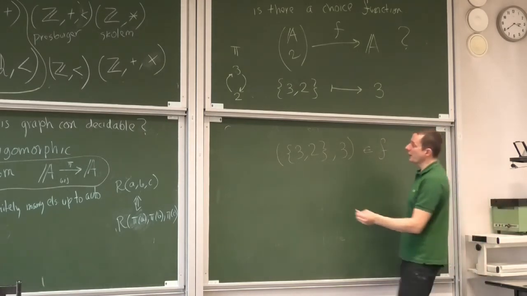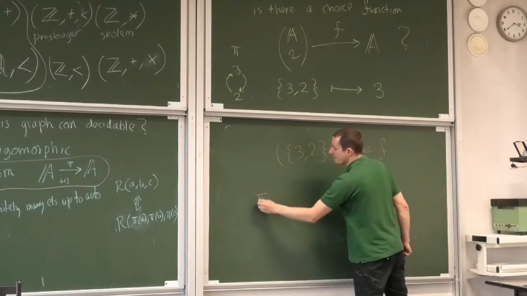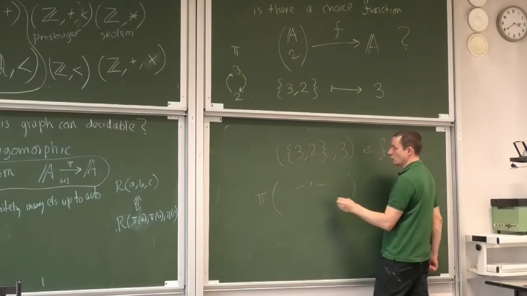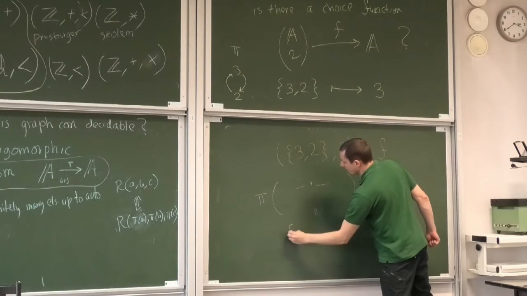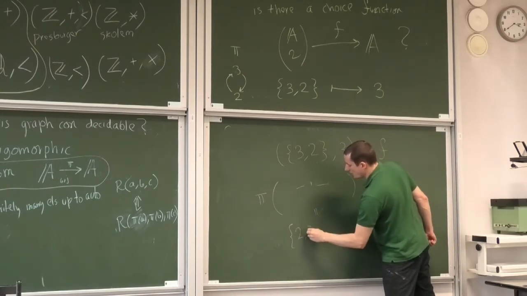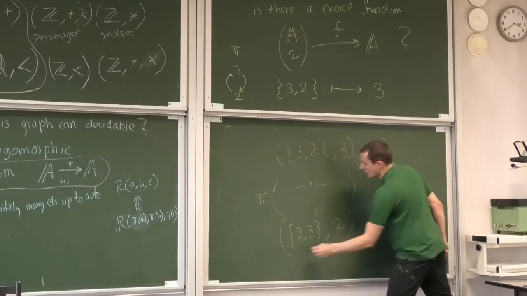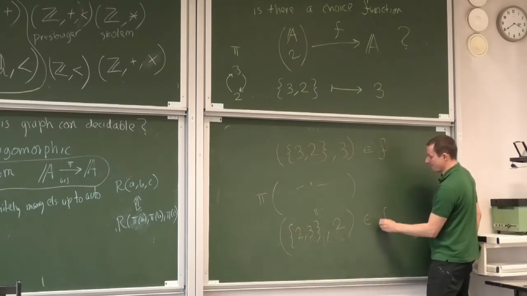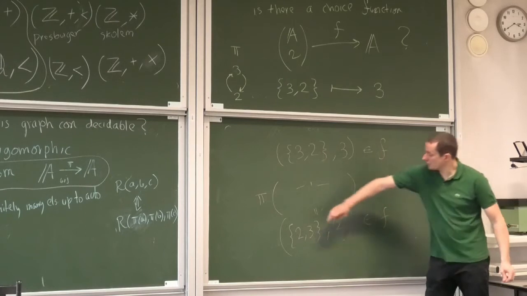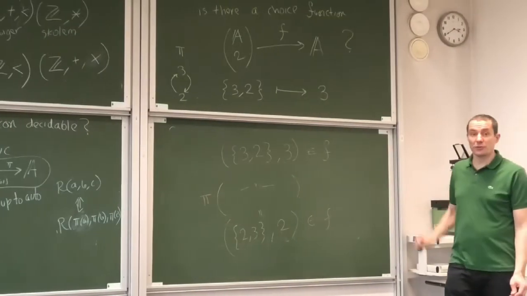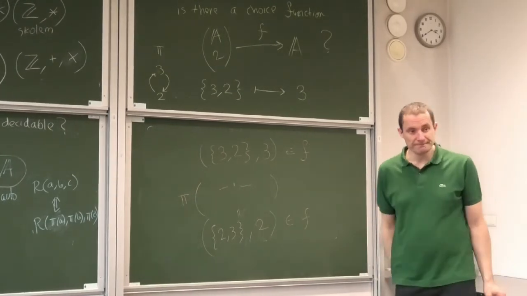And then if you apply that automorphism, which is equal to 2, 3, 2, then that will also be in the function. And this is, of course, equal to 3. I don't know why I wrote 3 in the wrong order.